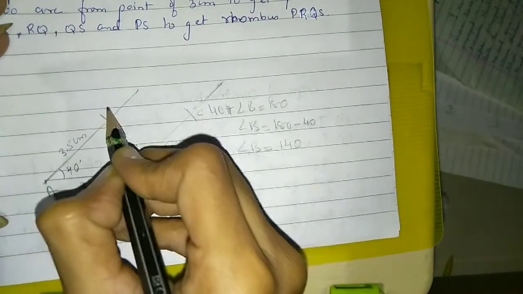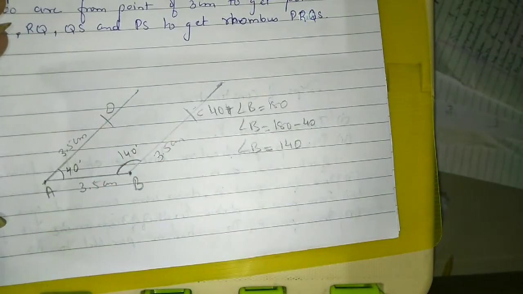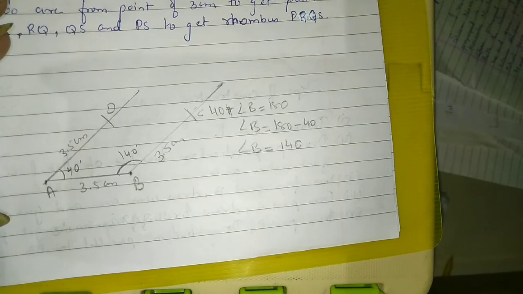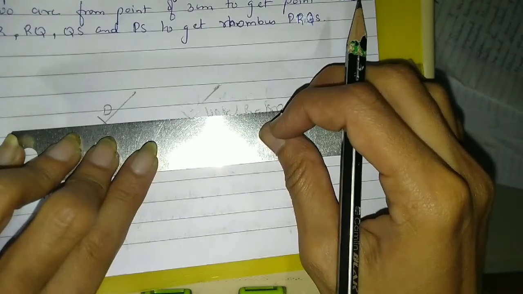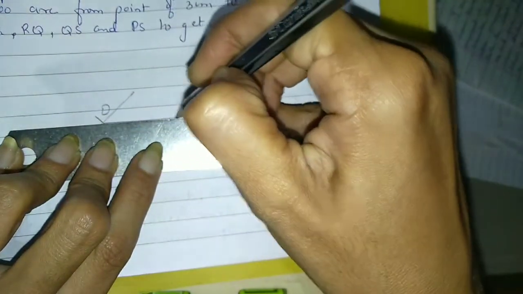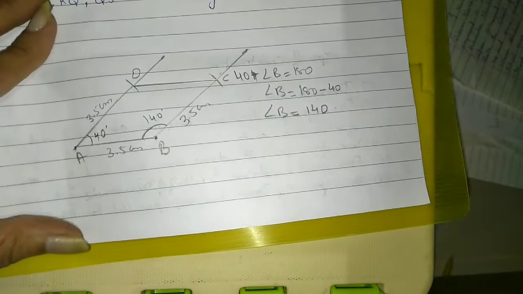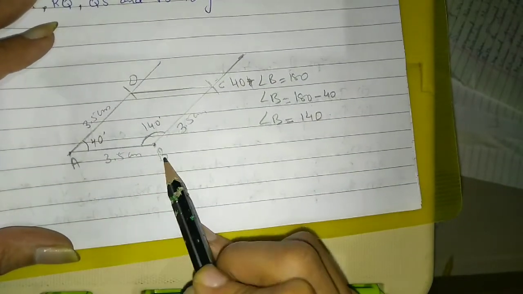Name them C and D. Connect C and D with the scale. So I am connecting C and D here. Thus we form the rhombus ABCD.